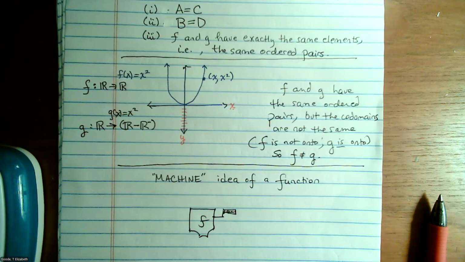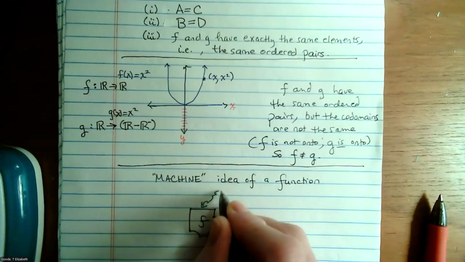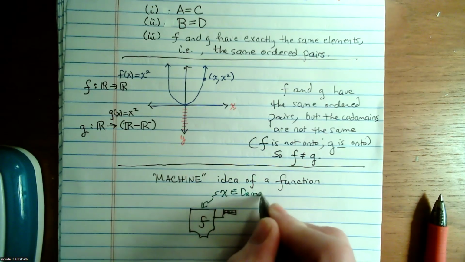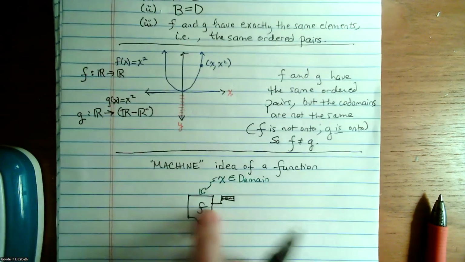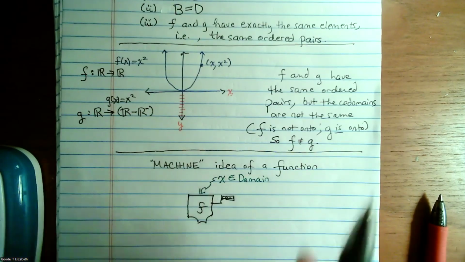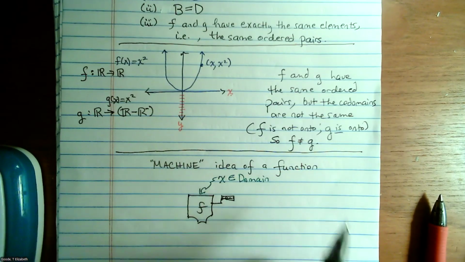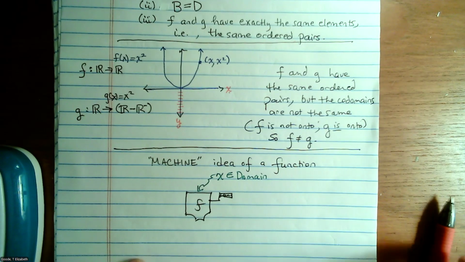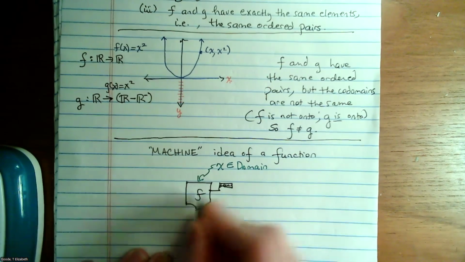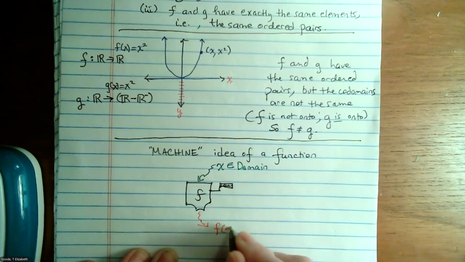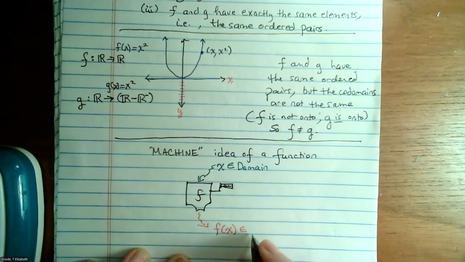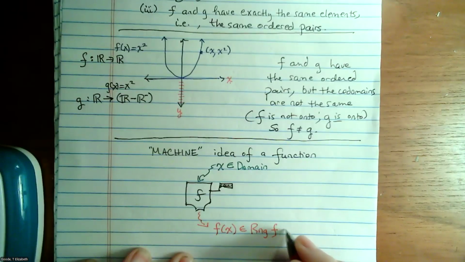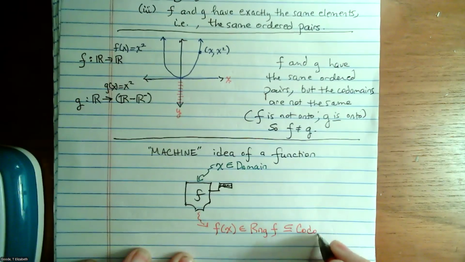What happens is we drop in an element x in the domain, whatever that domain is, and f grinds on x, and out comes the image of x under f, which we call f of x. It's an element of the range of f, which is a subset of the codomain.